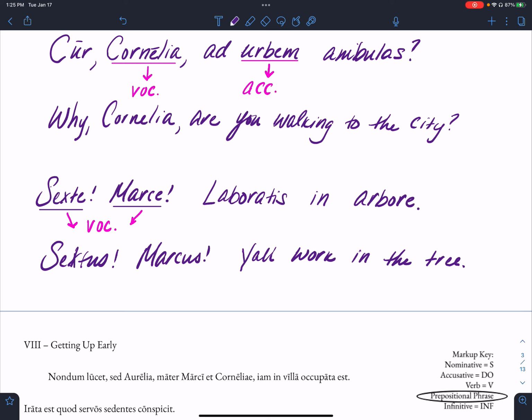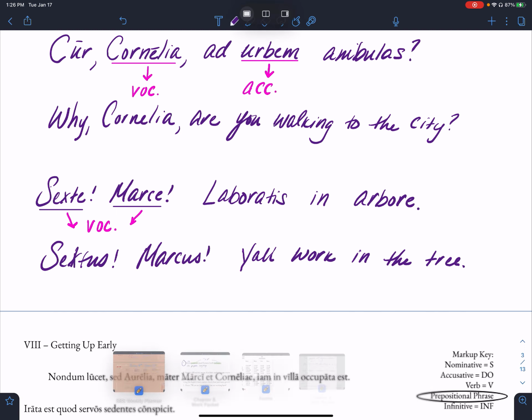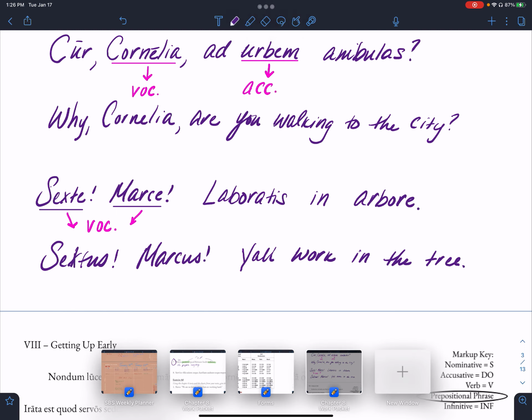Now, do you guys remember that chart with the noun endings that I gave you forever ago? Do you guys have it? Is that laboratis or laboratis?